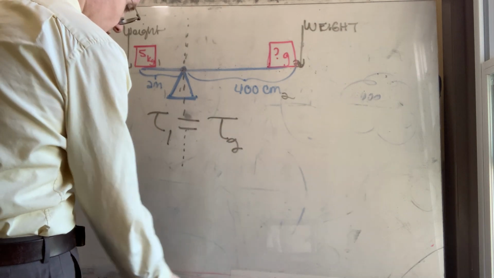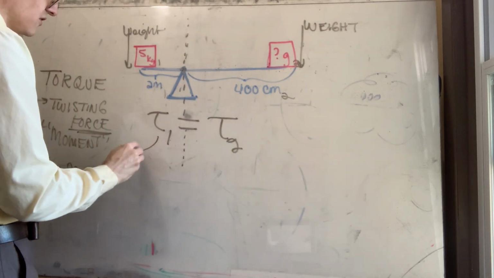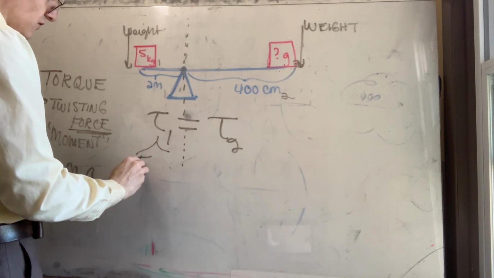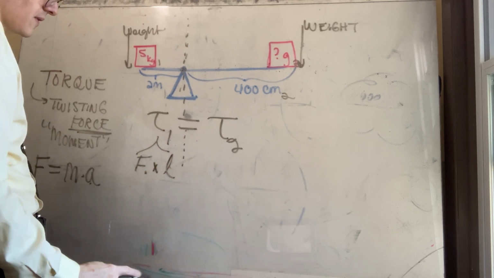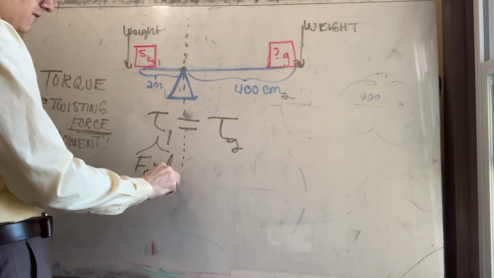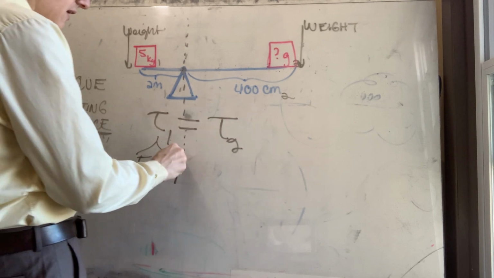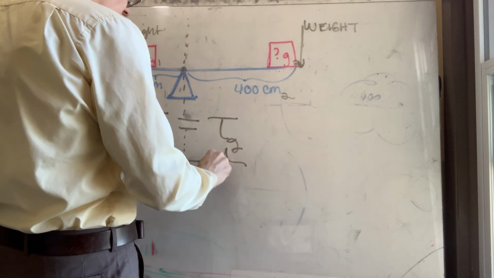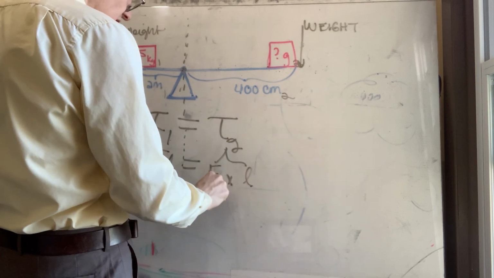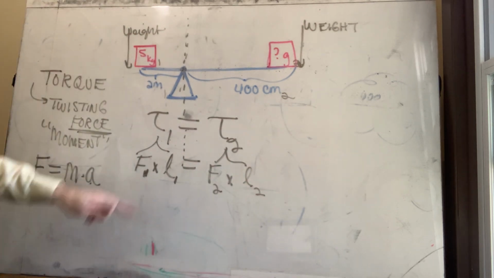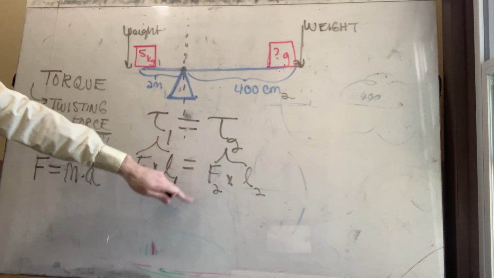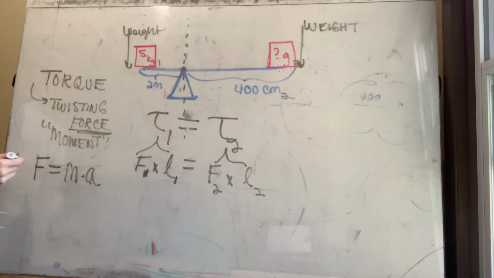I'm going to write what this is underneath it. If this is a force times a length, that's the first force and the first length. And on this side, this is a force and a length. This is a second force and a second length. All right. This is again information that the author of the problem took for granted, perhaps that you know.